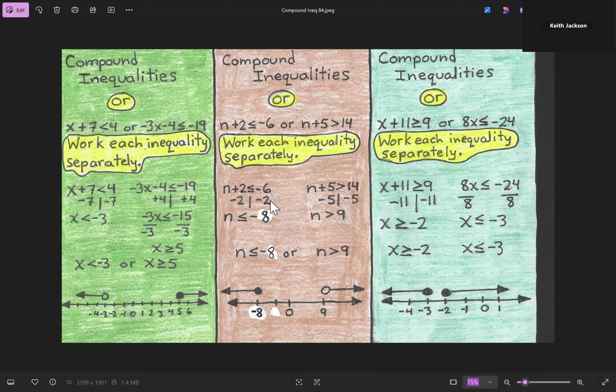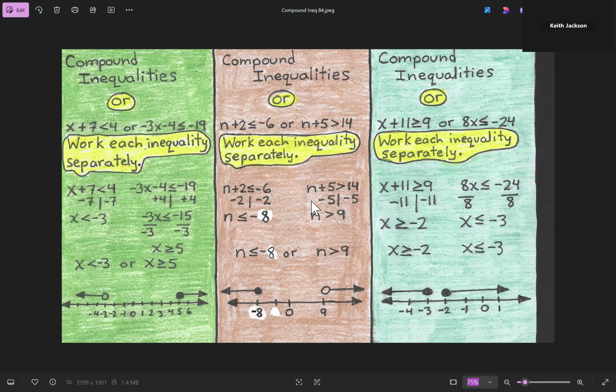When we subtract 2 from both sides, the reason why we're doing that is because we want to isolate n as the variable. And so we're going to have n is less than or equal to negative 8. All right, and that's going to be a shaded circle with the arrow going toward the left, as you see right here.